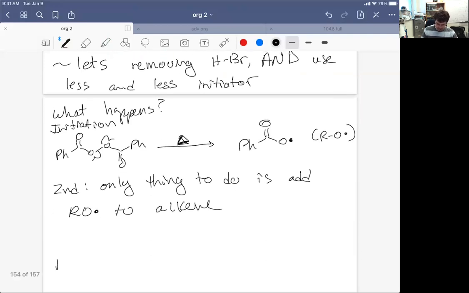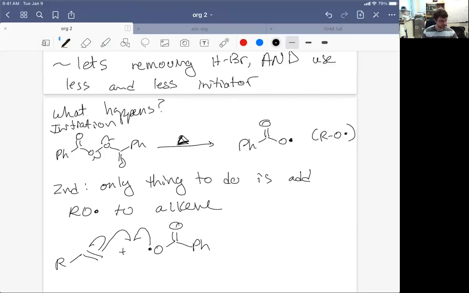Okay. So we have our alkene, and I'm saying let's add the RO dot, which is my benzoyl free radical. I'm going to turn it around. And now the way we add electrons to pi bonds is we split the double bond electrons in half, where one goes out and slaps high five, makes a bond with, in this case, an oxygen atom from our free radical initiator.